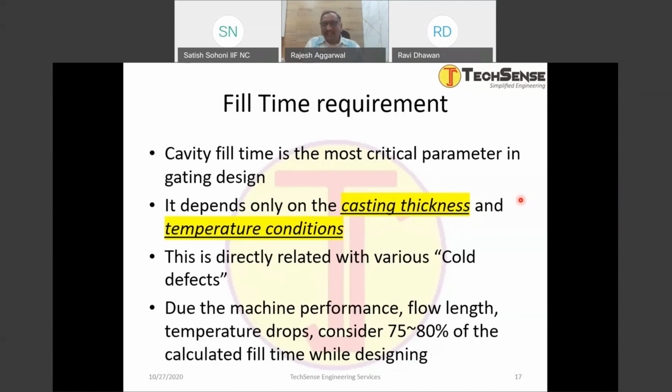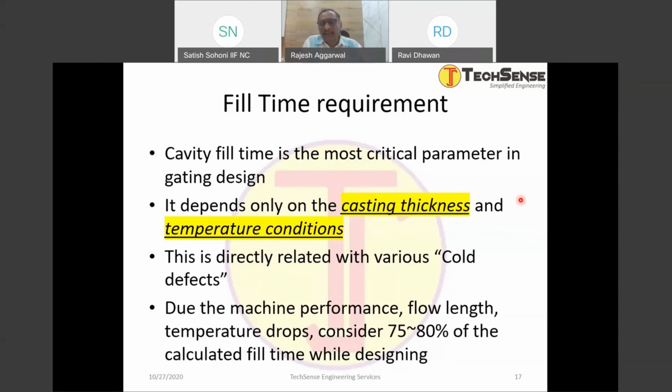That actually depends on the understanding of the die casting process. Some people are able to manage their foundry conditions so well that they don't need this safety factor we are talking about. Consider 75 to 80% of the calculated fill time while designing the die, meaning you are still considering a safety factor of 20 to 25% on the fill time.